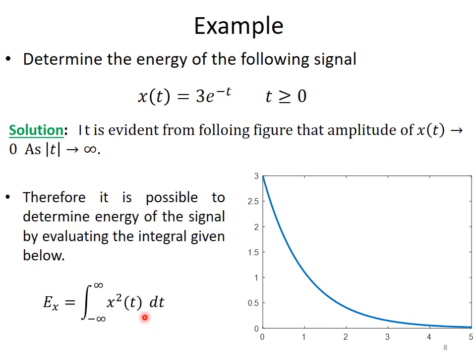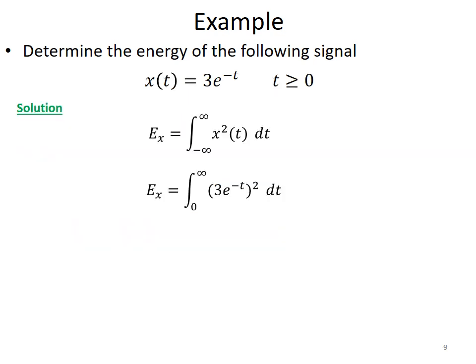Now you have to compute this integral of x square of t and then evaluate it. This would give you the area covered by this exponential, and this area basically represents the strength or size of this signal.